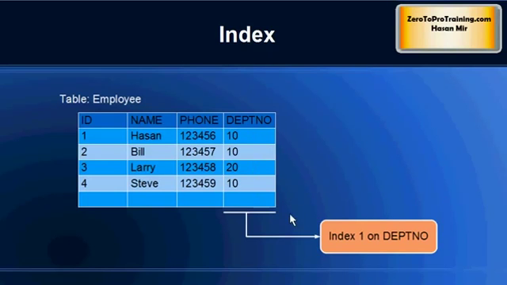For example, if we are doing lots of queries on department number, showing all the employees that belong to this department and that department, we can create an index on department. This way, the system first talks to the index, and the index tells the system, okay, go to this location to get all the records that belong to a certain department. This way the query is faster as opposed to doing a full table scan, with the system reading the whole table from top to bottom to find all the employees belonging to department 10.